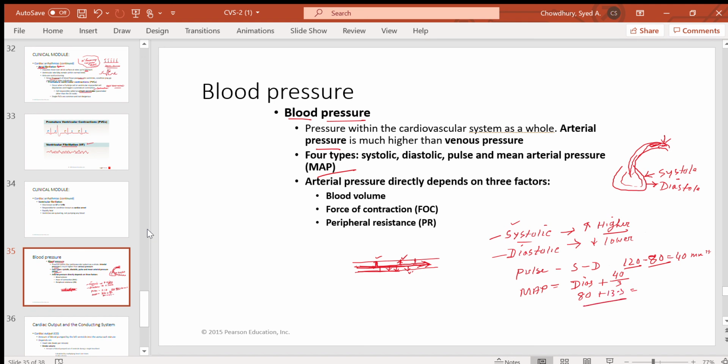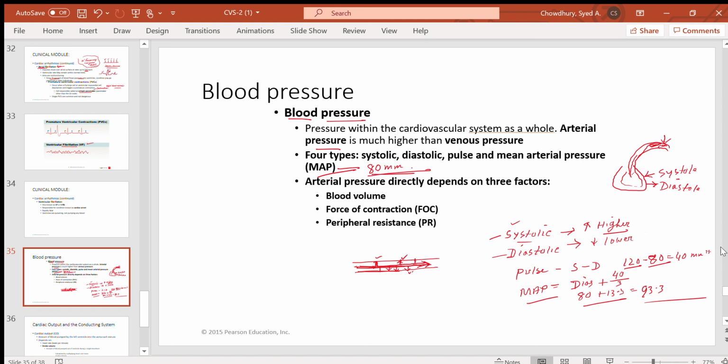So your MAP will be 93.3. MAP, or mean arterial pressure, should be above 80 millimeter of mercury. Less than 80 is not good. That means your organs are not getting enough blood if MAP goes below 80.